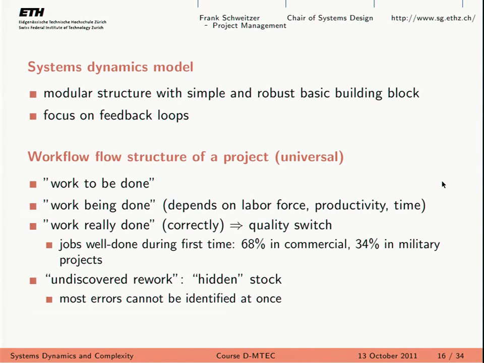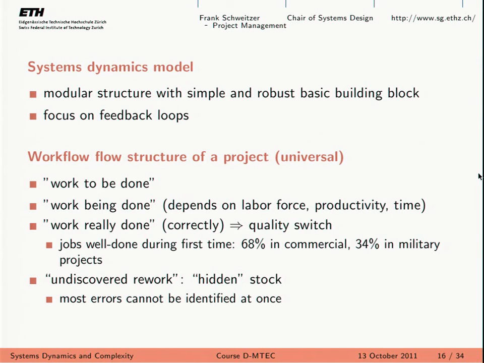Yeah, so this is where quality comes into play, right? You can immediately see that this model incorporates quality concerns at every unit of work. And it turns out, these consultants also did some empirical work later on. They found out that the work really done the first time in the industry is 68%.